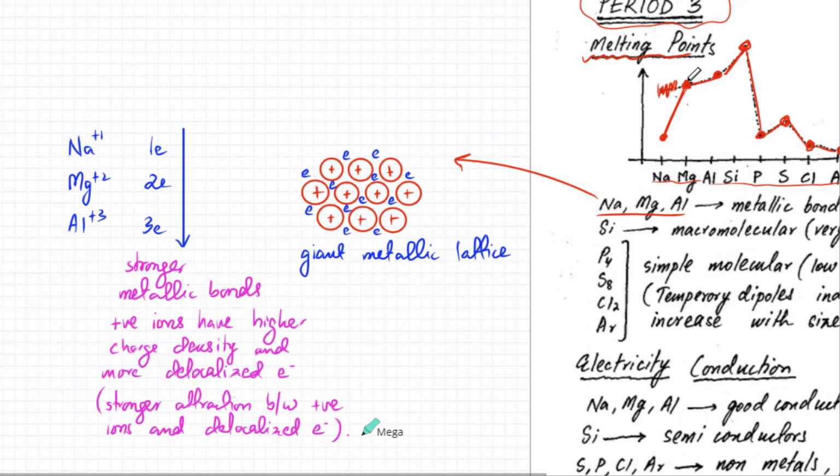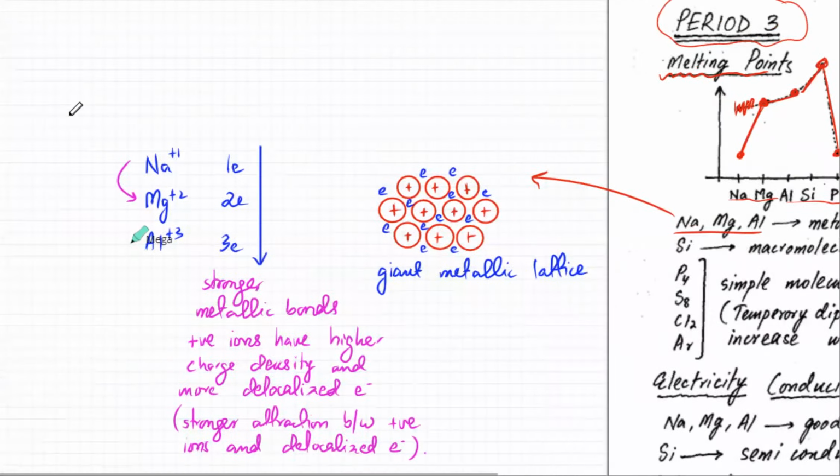So then you have another issue, which is that they might ask you, why is there such a large difference between the melting points of Na and Mg and such a small difference between Mg and Al? Why is it not a linear graph? The reason is that when you move from Na to Mg, what happens? The charge doubles.